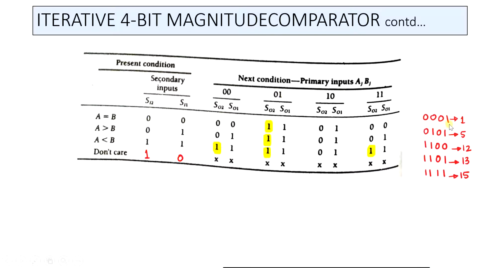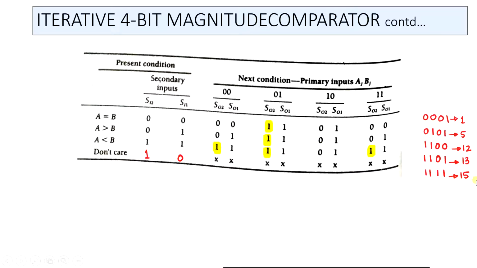That is what is shown here, which is equivalent to decimal 1. When I come to this particular one, I have the MSB bits to be 01 and this is 01. So 0101 corresponds to decimal 5, 1100 corresponds to decimal 12, 1101 corresponds to decimal 13 and 1111 corresponds to decimal 15.